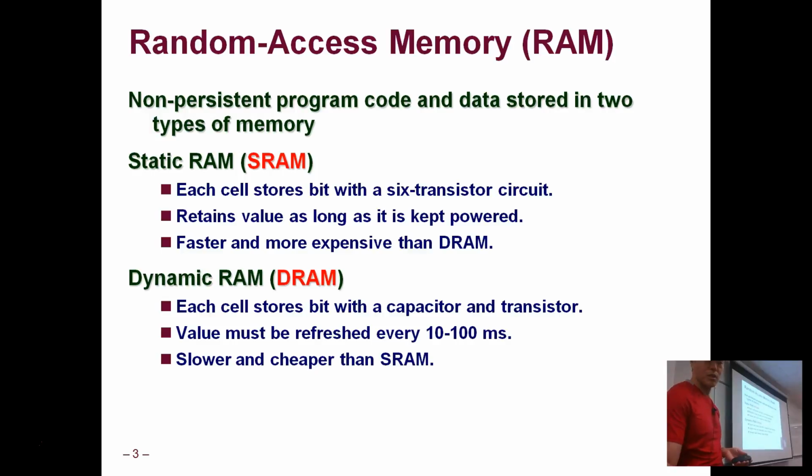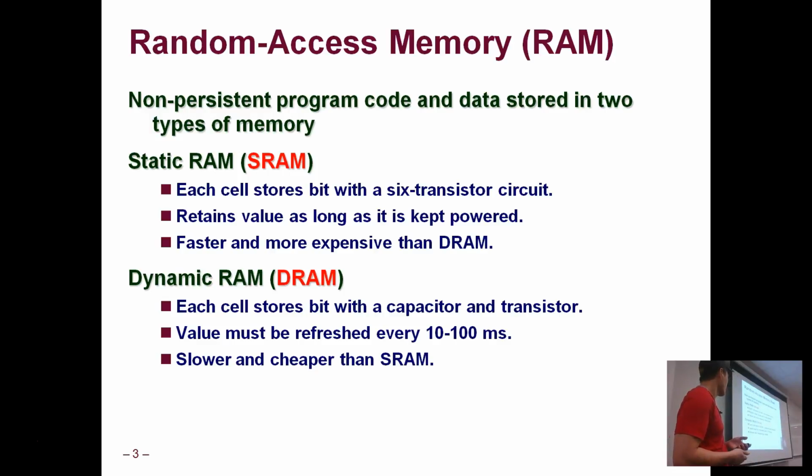Static RAM is the faster, more expensive RAM. The way this RAM is built is with 6 transistors for each bit, and it's continually kept powered. As long as the power stays active on the SRAM, the value is retained.